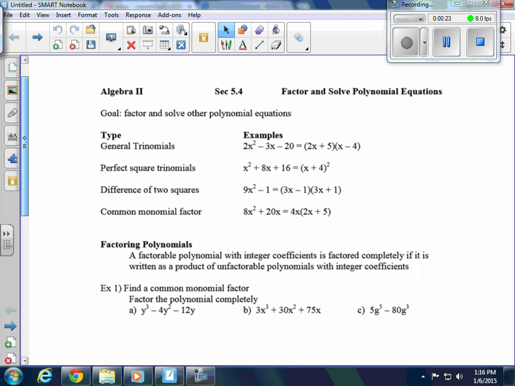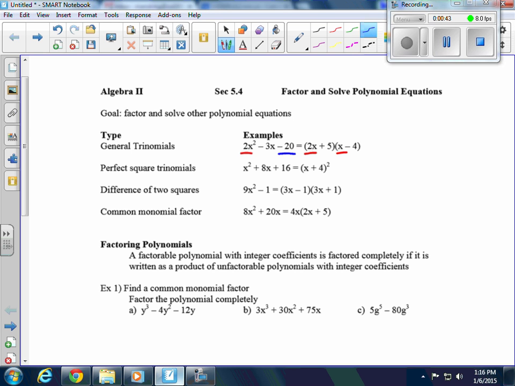And when we look at the general trinomials, we're going to say we have 2x squared minus 3x minus 20. We factor that, and remember that those first terms of each parenthesis have to multiply to give you the first term in your trinomial.